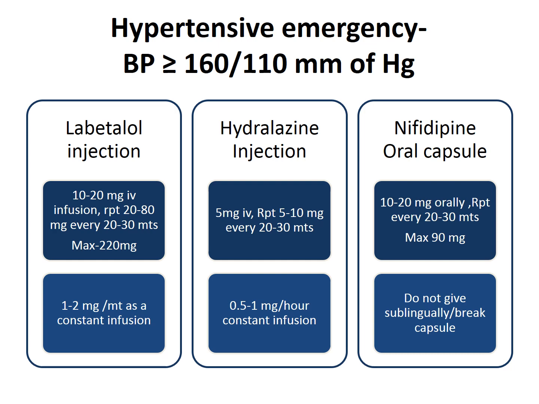If the target blood pressure is not attained, repeat the dose at 20 to 80 milligram up to a maximum dose until the target blood pressure is achieved. Or alternatively, a continuous infusion can be started at a rate of 1 to 2 milligram per minute.